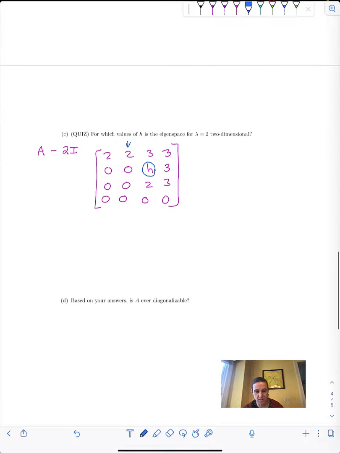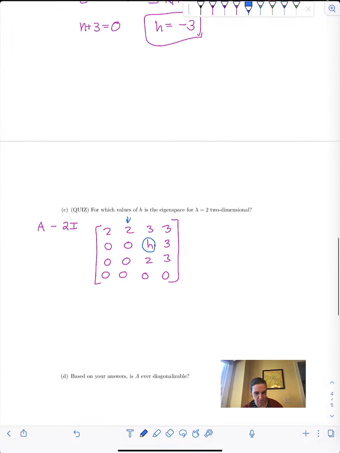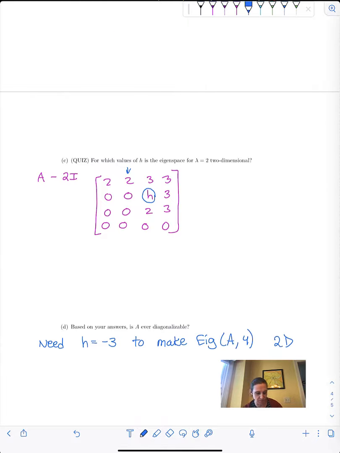Okay, so now based on our answers above, we need h equals -3 to make the eigenspace of A at 4 2-dimensional. And hopefully on your quiz, if you didn't get this right, you can go back and redo it. We should have gotten that h equals 2 to make the eigenspace of A at eigenvalue 2 2-dimensional.